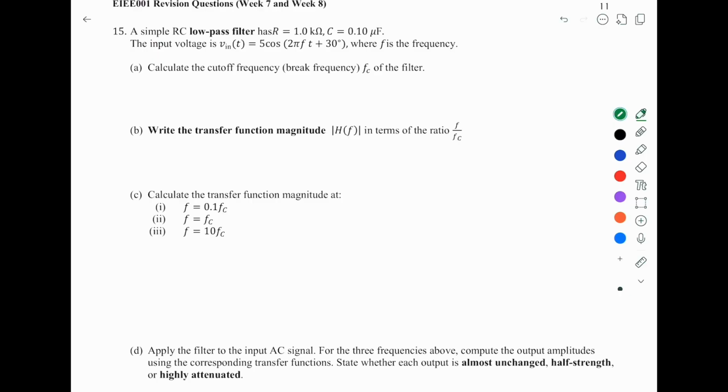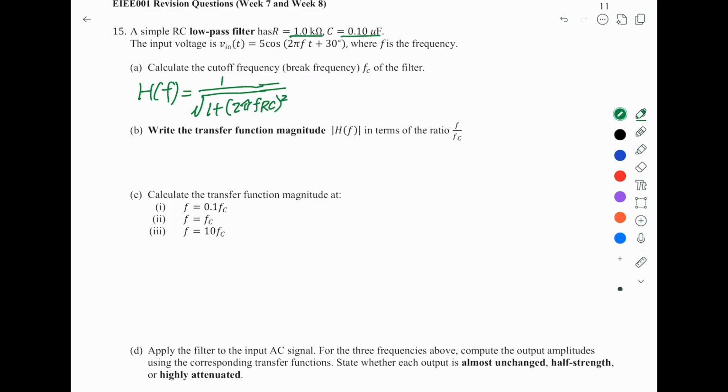An RC low-pass filter has R 1K ohm and C 0.1 microfarad. Now, the transfer function of the low-pass filter is written as H of F equals 1 over the square root of 1 plus (2 pi F RC) squared.